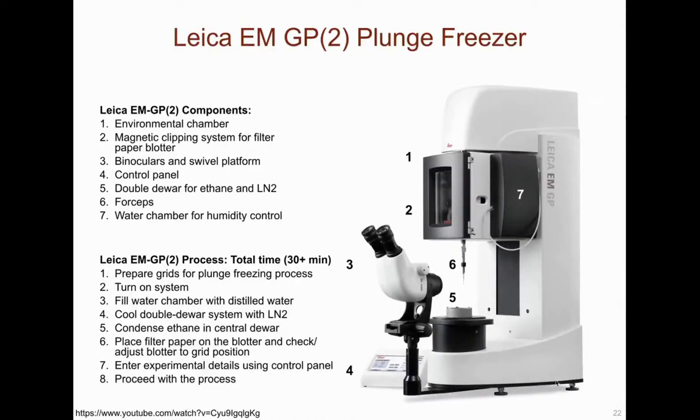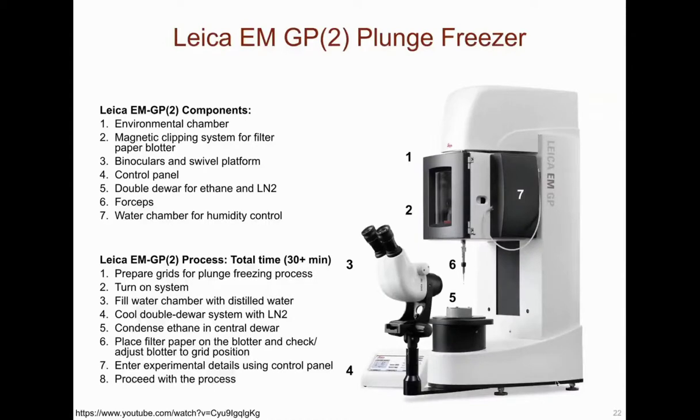To remove excess liquid from the grid, the system has a single blotter that can be programmed to blot a sample from the front or back side once or multiple times sequentially. The binoculars allow users to visualize the calibration process so that sample application and blotting are reproducible.